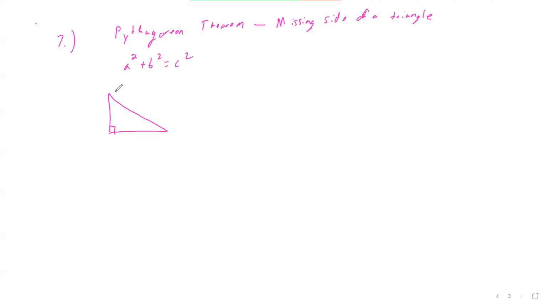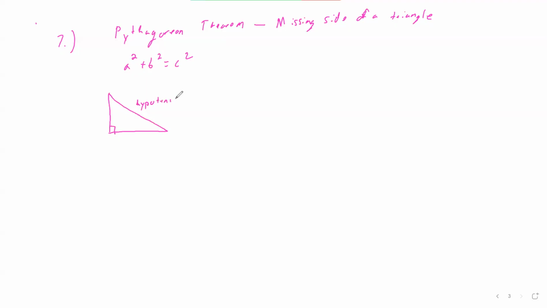So this is a right triangle and typically used for finding a missing side of a triangle. The hypotenuse is going to be the longest side. So this is your hypotenuse.